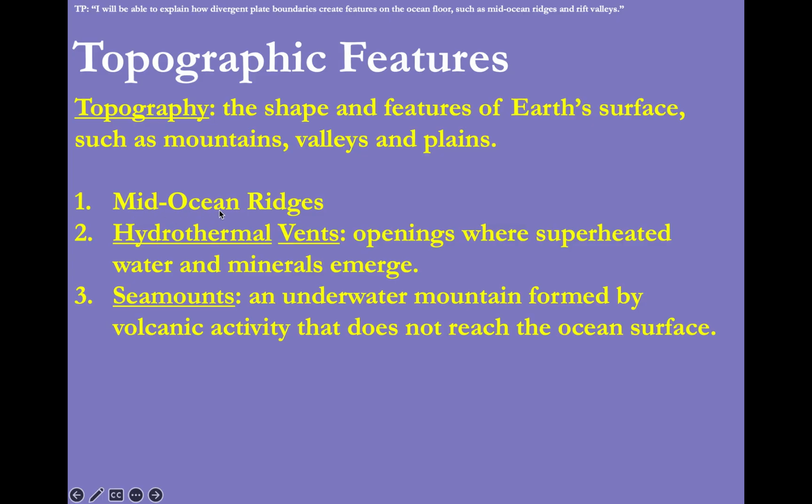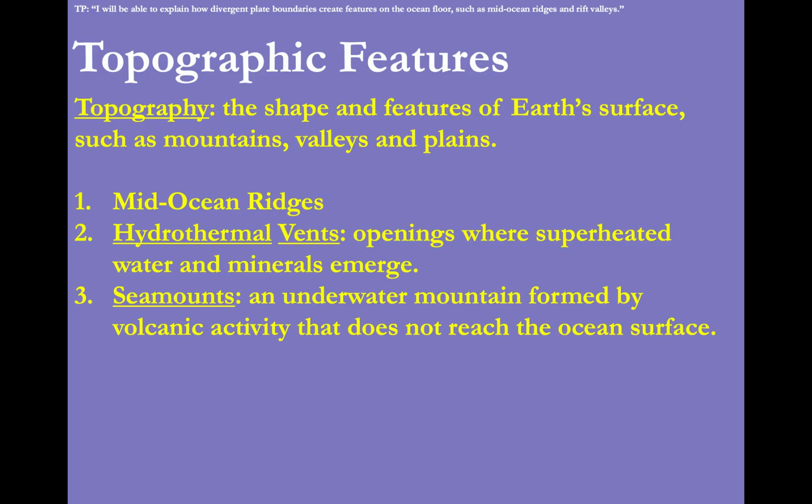You already have that definition, right? Those are your elongated mountain ranges where you have the Earth splitting apart. We have hydrothermal vents, right? Those are basically openings in the Earth where hot material can spew out.